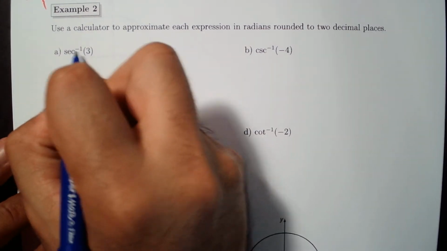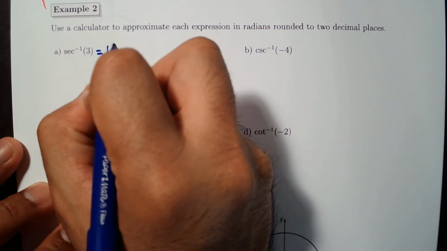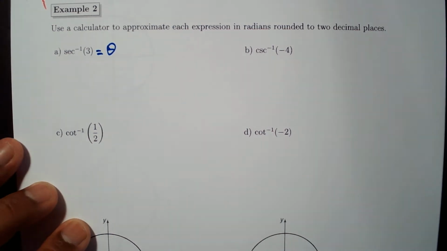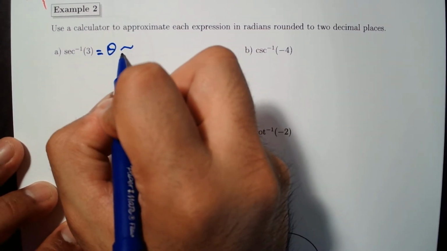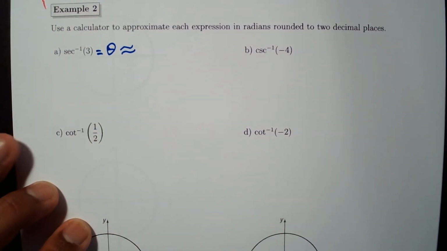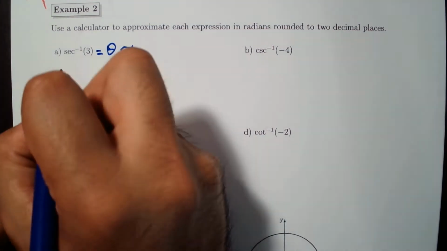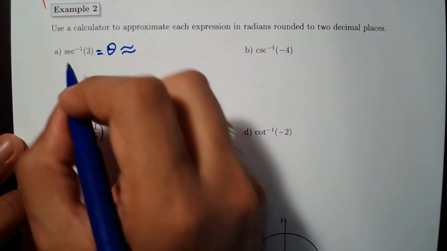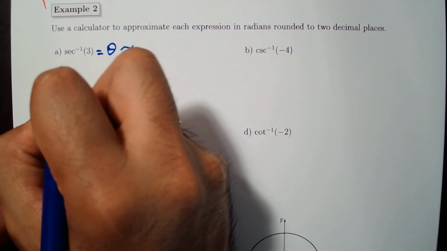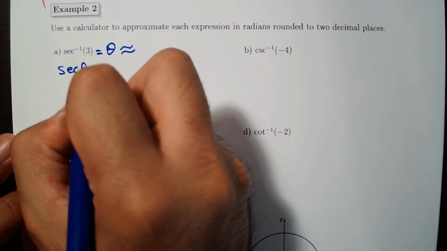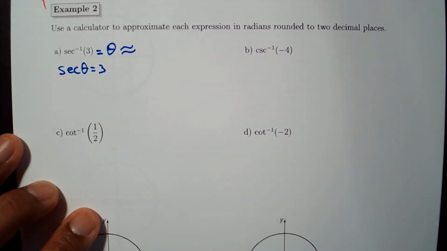So secant inverse of 3. This is going to be some angle theta that we will approximate to 2 decimal places. First of all, by the inverse functions property, this means secant theta equals 3.